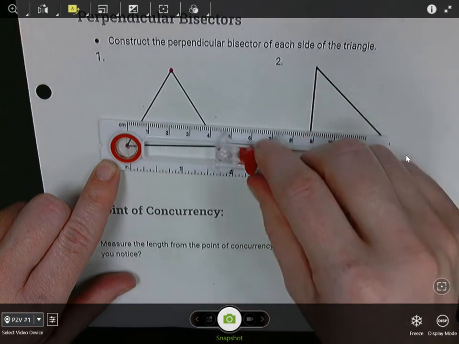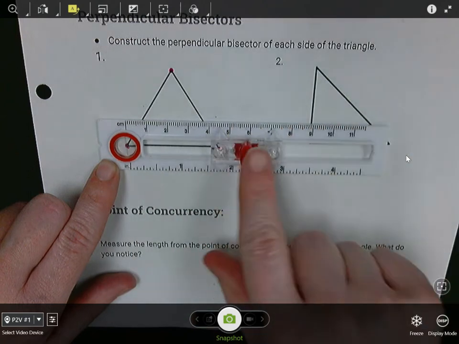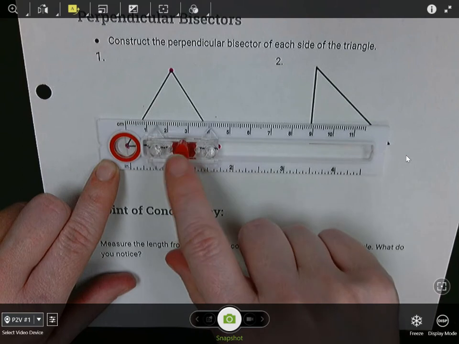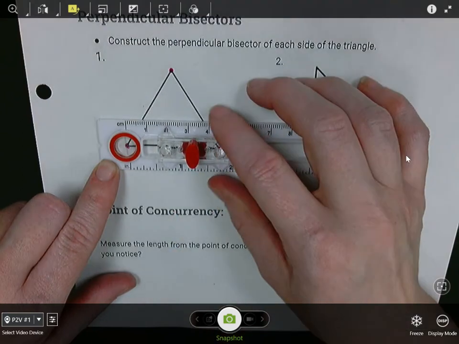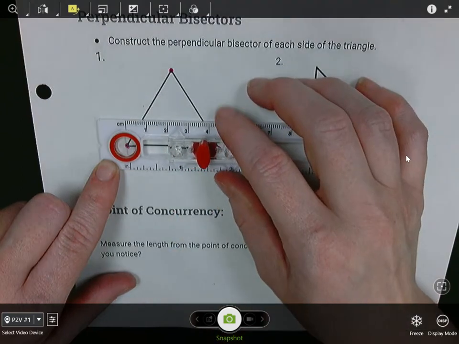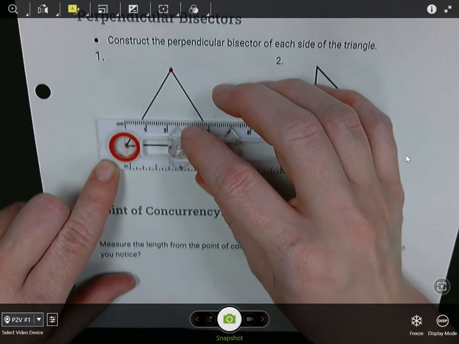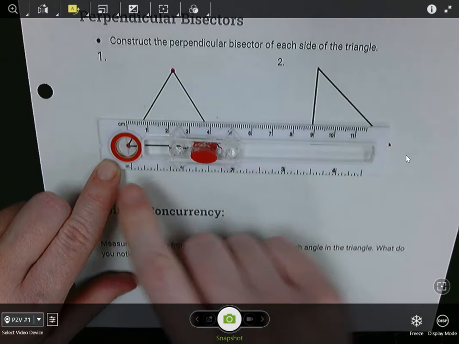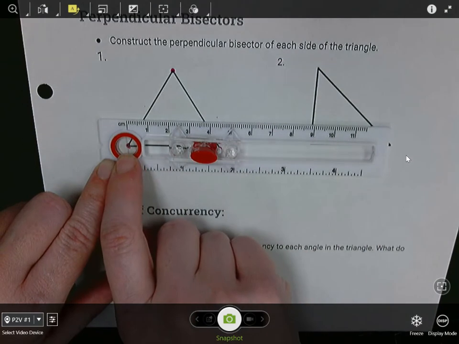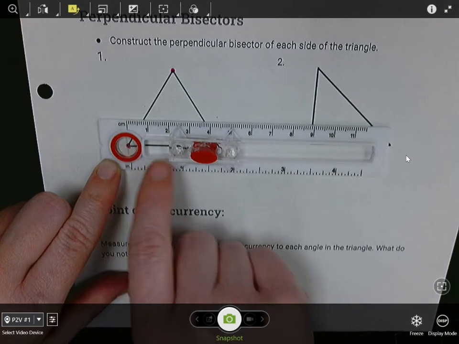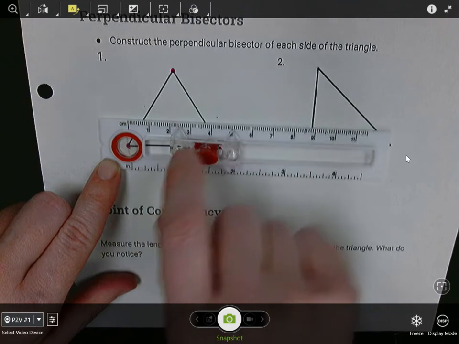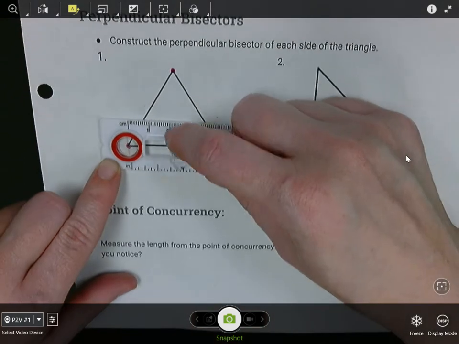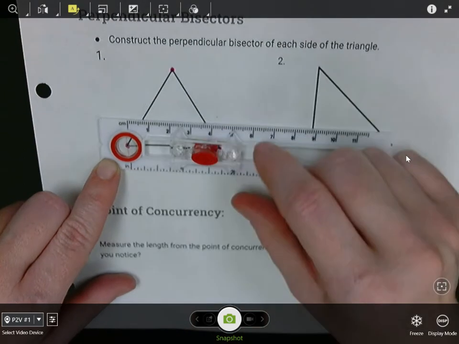Once you get it there, take this right here, the sliding scale thing, and open it up so it's a little bit more than halfway. I would open it up to where it's pointing at 2.5 centimeters, personally. So put the dot on the dot, and then open this up to where you see that pointy triangle thing, make it point to 2.5 centimeters.